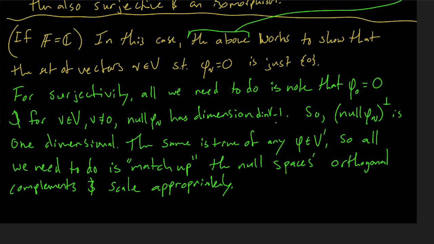All right. All you have to do is just make sure that these null spaces have the same orthogonal complement. Okay. You pick a v to make the null space have the right orthogonal complement. Not too bad. And then from there, all you got to do is just scale. So anything that has the appropriate null space, you can just scale it into another thing with that same null space.